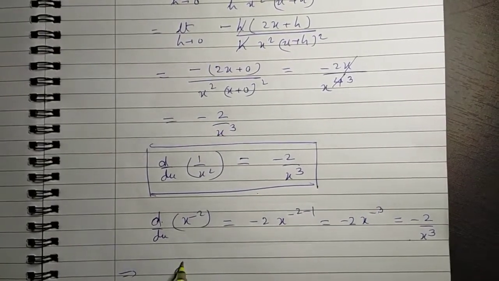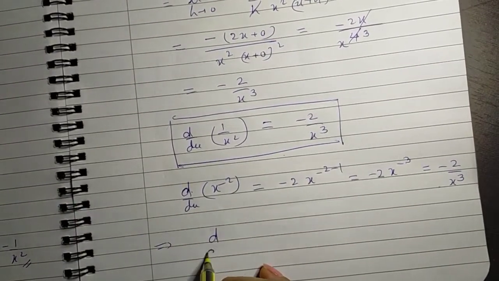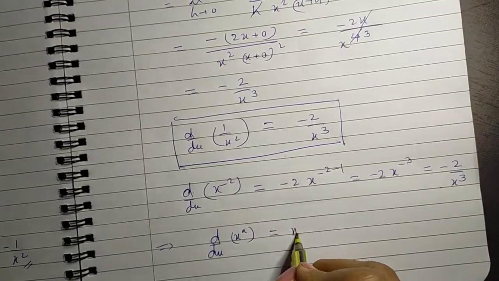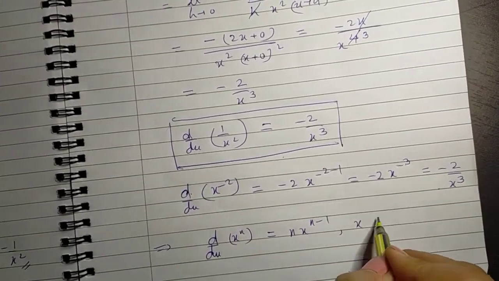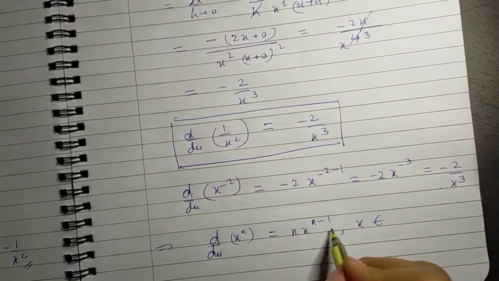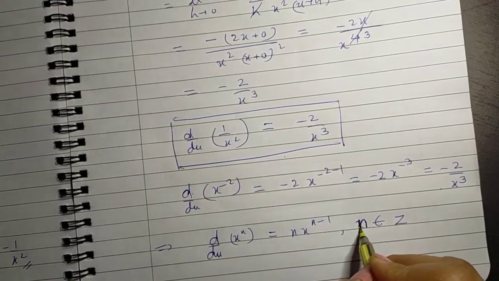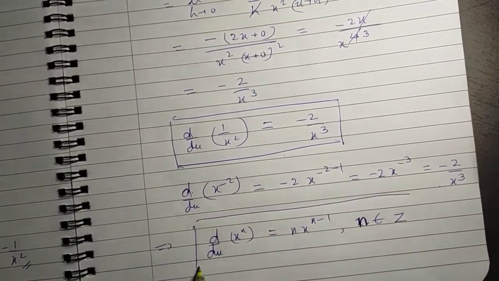It implies that we can generalize this: d by dx of x raised to the power n will be equal to n x raised to the power n minus 1, where n belongs to all integers. It could be integers, positive, negative, or 0.